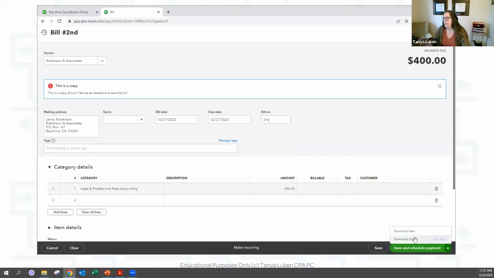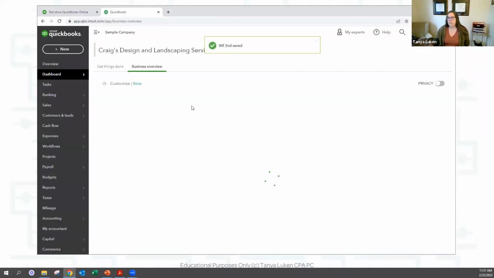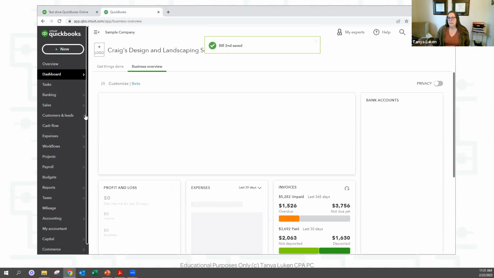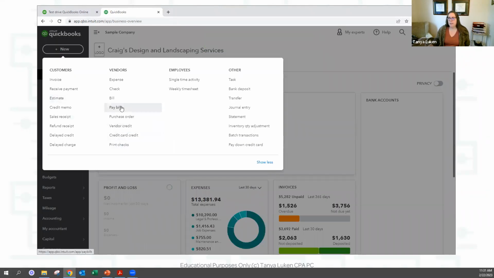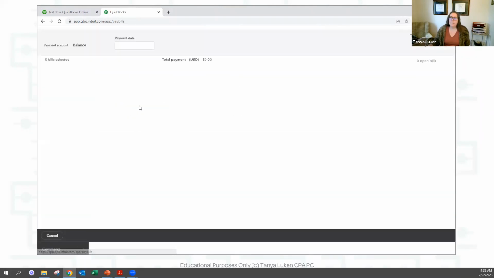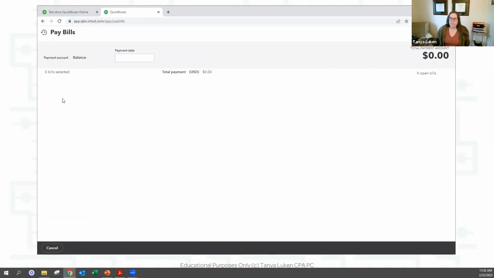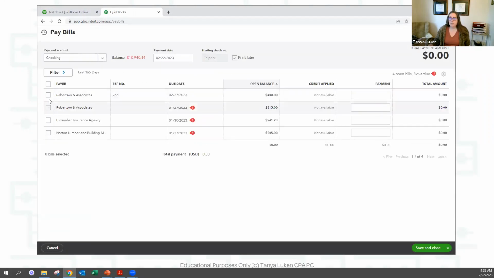When I go to save and close, it should take me back to the pay bills screen. Now I'm going to go pay bills, and then you'll see them both there. So if you were to check them both off, it'll print one check for $715.